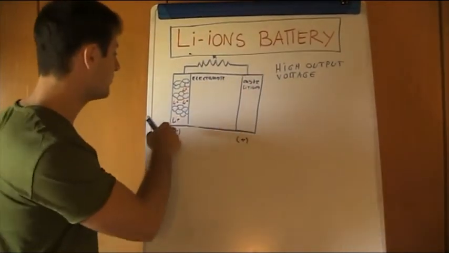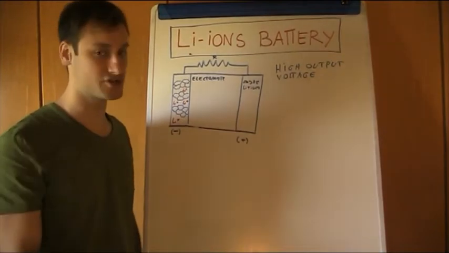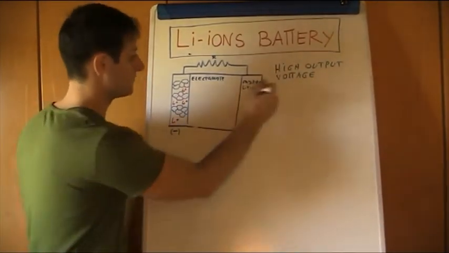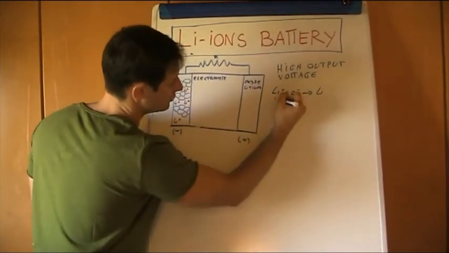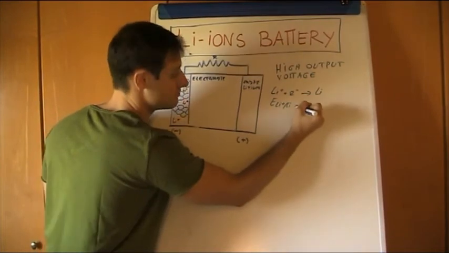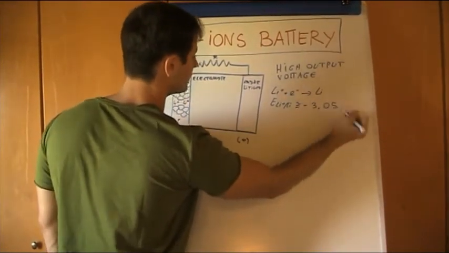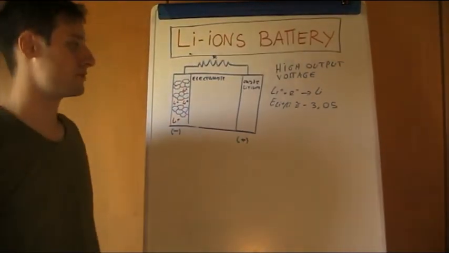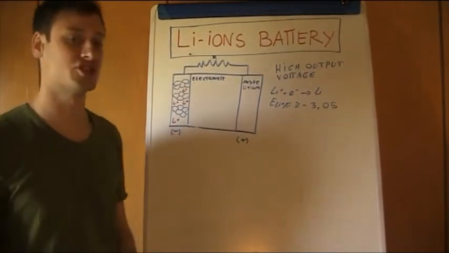So the reduction potential associated with the redox couple Li+/Li is extremely low, around minus 3.05 V, this depends on the activities, the temperature and other parameters.